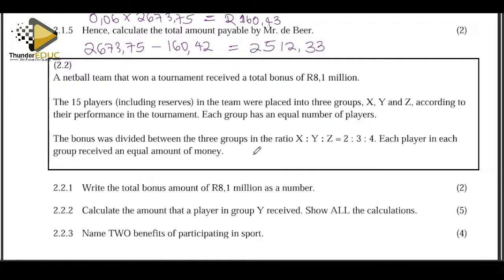Question 2.2 says a netball team that won a tournament received a total bonus of 8.1 million. The 15 players, including reserves in the team, were placed into the 3 groups X, Y, and Z according to their performance in the tournament. Each group has an equal number of players.